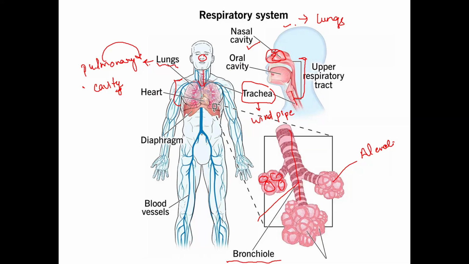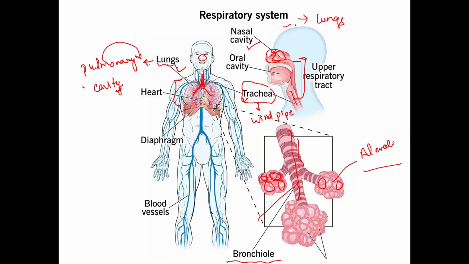In the lower respiratory tract, we have the lungs, composed of tiny tubes and the balloon-like structures called alveoli. The trachea is divided into two parts, right and left, and these branches are called bronchi.